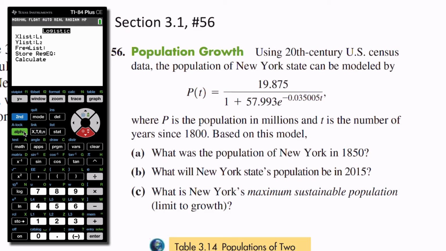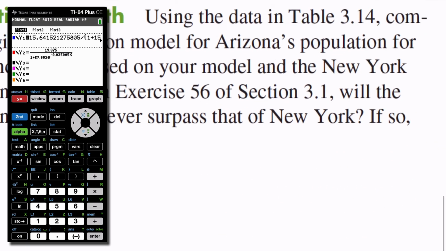So if you recall, alpha calc or alpha trace takes you here. You pick the y value where you want to store it. So that's good. Calculate, yes, it's doing our logistic growth. Great. If we go look at y again, we have y equals 15.64. So let's write that answer down.